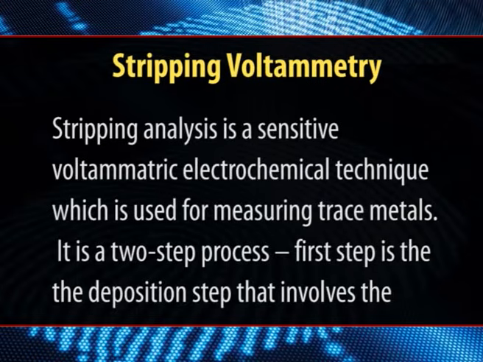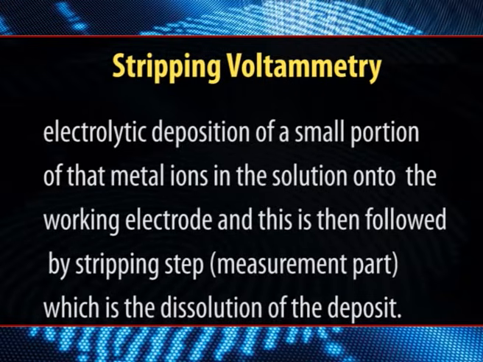The first step is the deposition step that involves the electrolytic deposition of a small portion of that metal ion in the solution onto the working electrode, and this is then followed by the stripping step, which is the measurement part, which is the dissolution of the deposit. Different types of stripping analysis techniques can be employed for analytical interpretation depending upon the nature of the deposition and measurement steps.